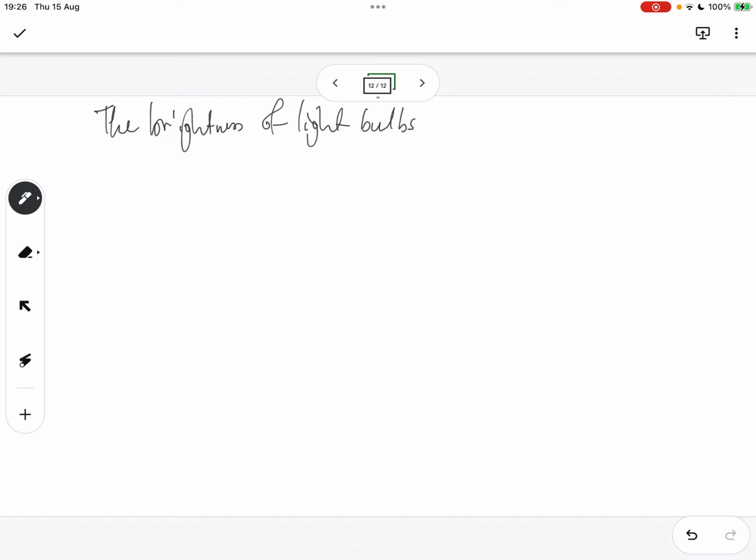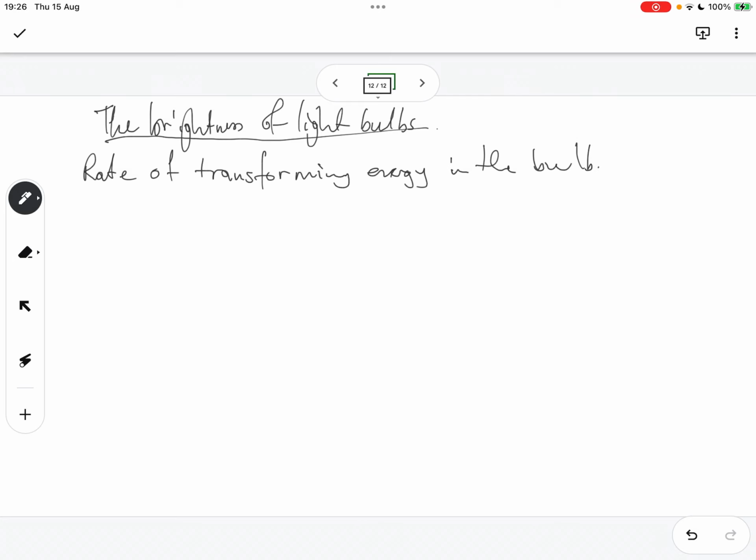All right. So the brightness of light bulbs is determined by the rate at which energy is transformed in the bulb, by the power P. Not Mr. P, power P. Or maybe I should call my name Mr. Power P from now on.